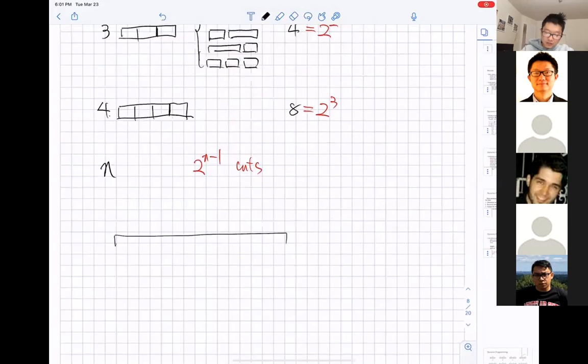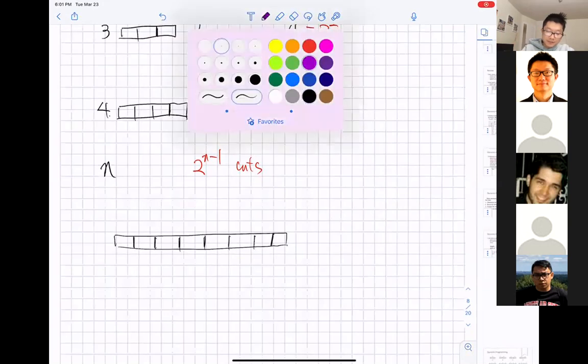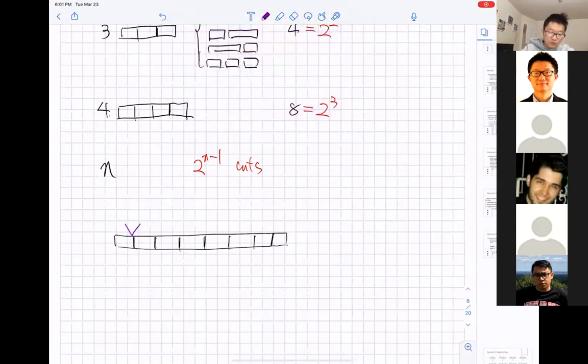Suppose that we have a rod of length n. At how many different places can we make a cut? We can decide to make a cut or not over here, or over here, or over here, etc., right?